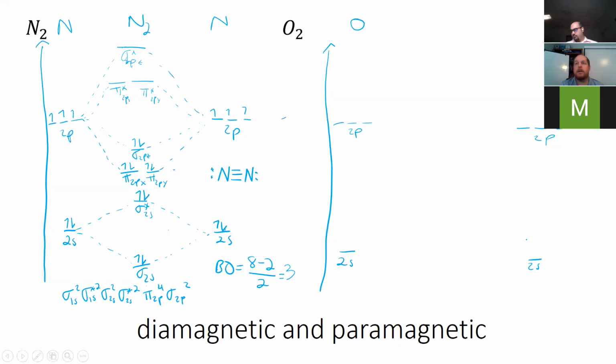All right, so there's my other oxygen atom. In the middle, we'll have our O2 molecule. Before we do that, I'll fill in the electrons on the oxygen atoms. So there should be 6 valence electrons on each oxygen.